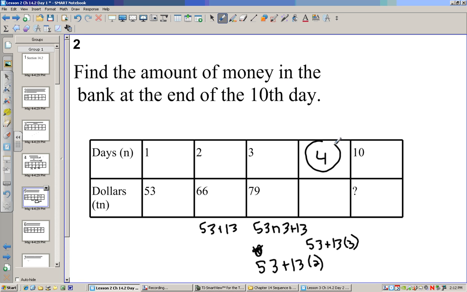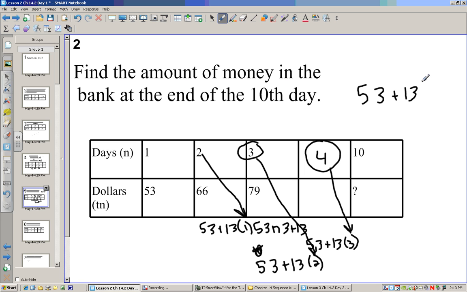Hopefully you see a connection between this number and the number we're multiplying it by. This would be like 13 times 1. So our formula, we could say, would be 53 plus 13 times 1 less than our number up here. Right now it's 10, so I'll write in 9.